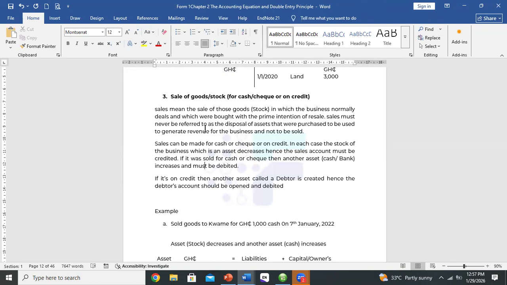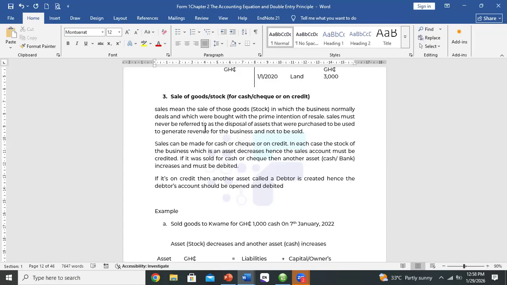Okay, so I get your question. Yes. When you are doing the double entries, you don't open a different account for the same item. So for example, in January you bought a building, in February you bought a building, in July you bought a building. You don't need to open several building accounts. You have one building account in which you record all these because all the transactions are related to building.